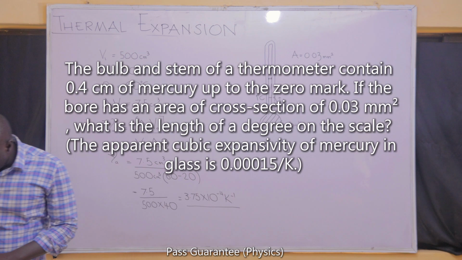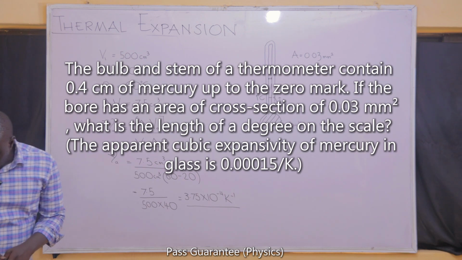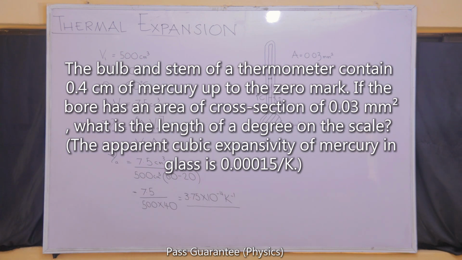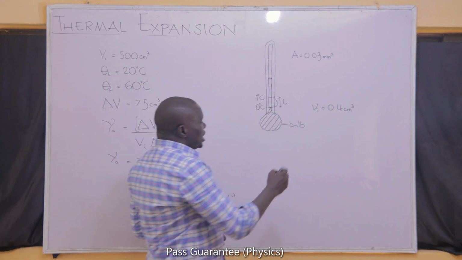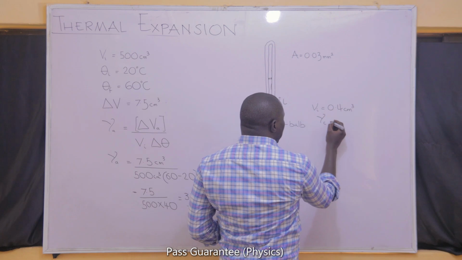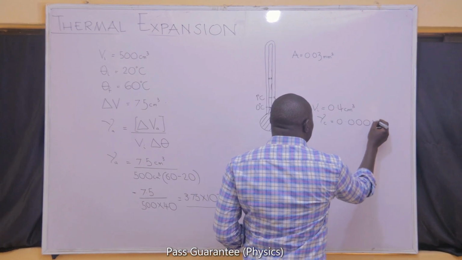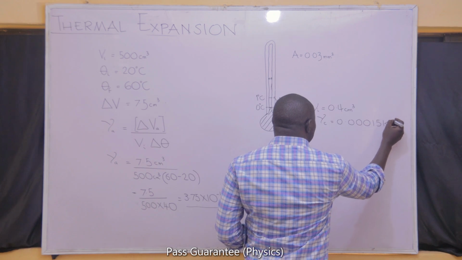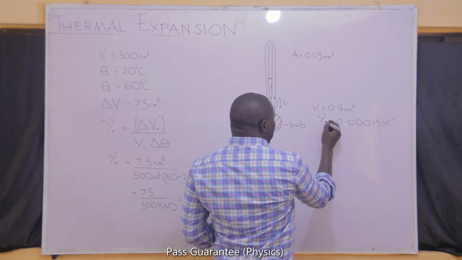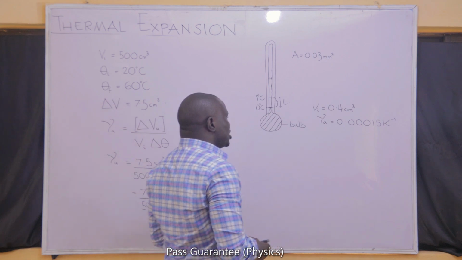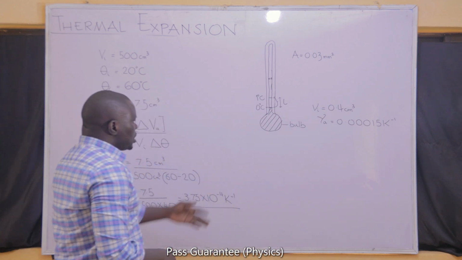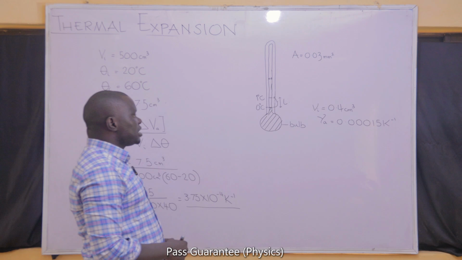This question gives us the apparent cubic expansivity of mercury in glass to be 0.00015 per Kelvin. Of course, it's the apparent cubic expansivity that we are going to use because the glass thermometer itself will serve as a container.